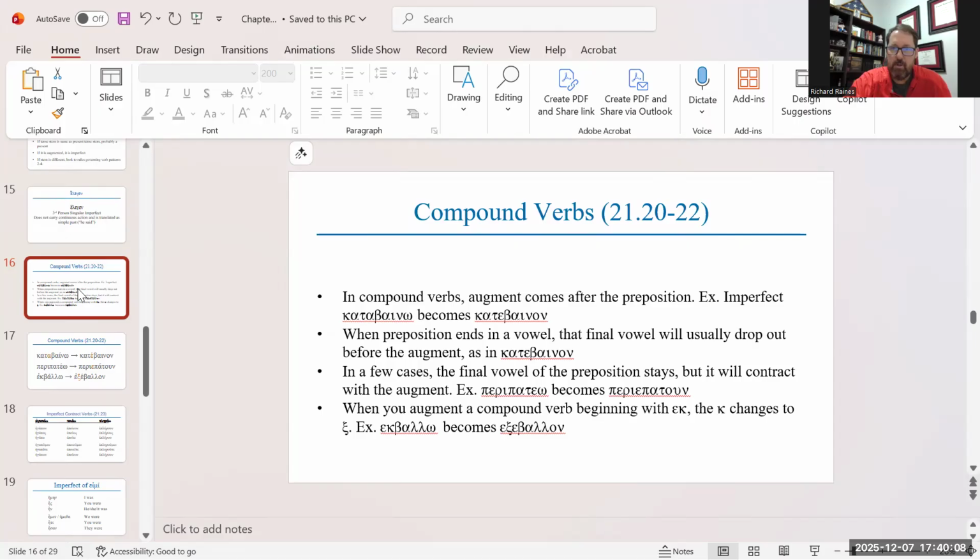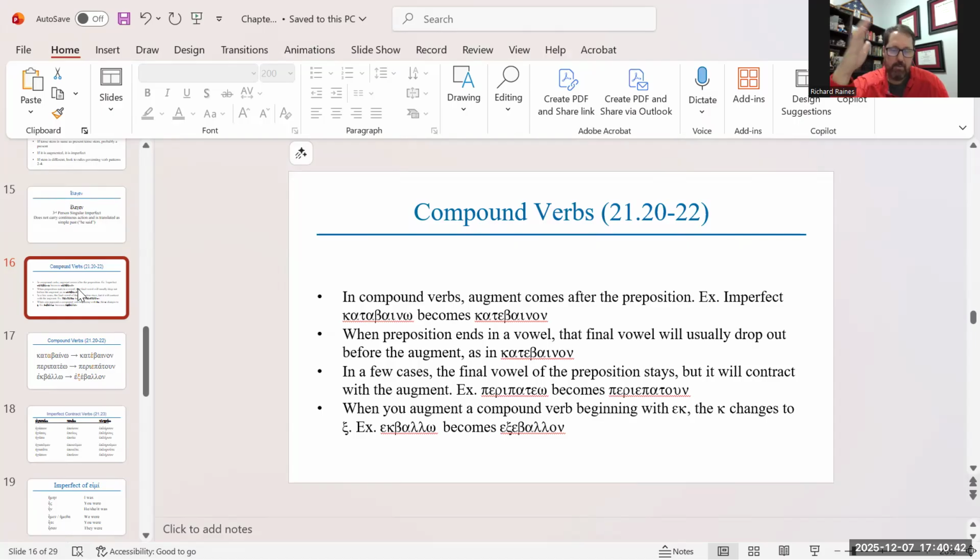And this is what we just saw. Second rule: when the preposition ends in a vowel, that final vowel will drop out before the augment. So you're not creating a diphthong, you're just dropping the last vowel of the preposition. Number three, in a few cases, the final vowel will stay.